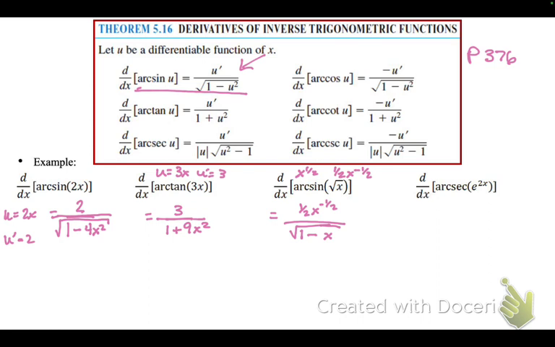So now we put this as 1 over 2 square root of x times the square root of 1 minus x. That looks absolutely ugly, doesn't it? But that is how it works.